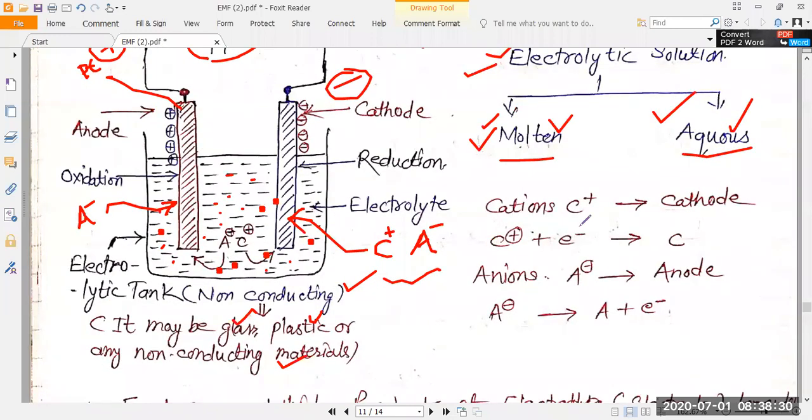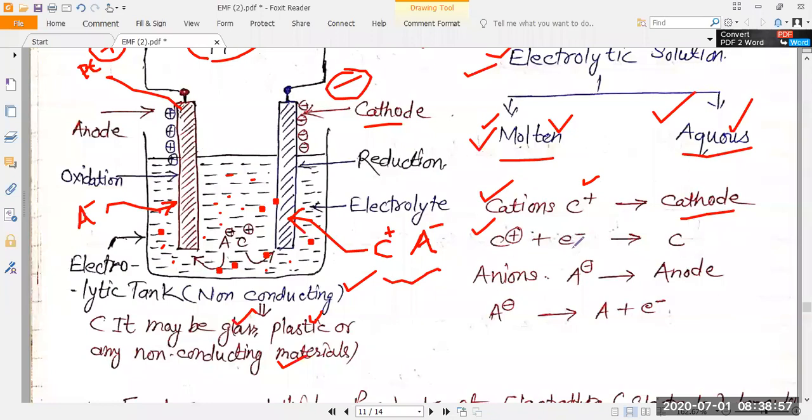These are the cations. The cations C plus, which is positive, and the movement of cations will be towards the cathode side. And what will happen at the cathode side? The cation C plus takes electrons at the cathode side, because cathode is an electron rich electrode.